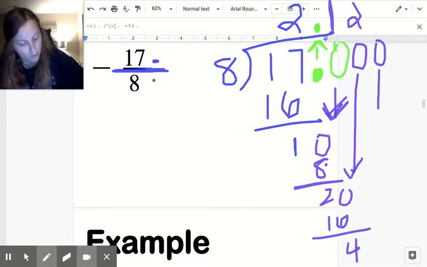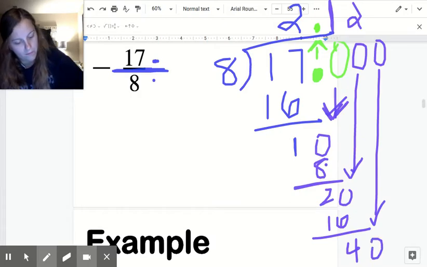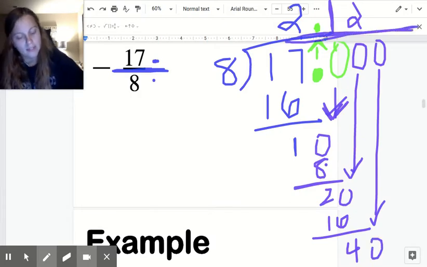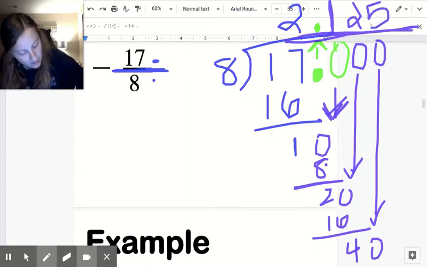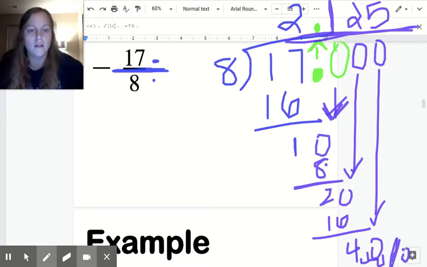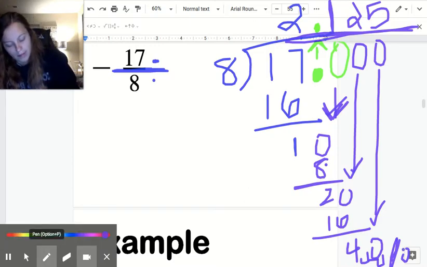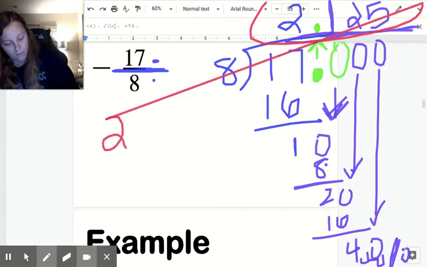Add a 0, bring it down. Ooh, it looks like we're getting to an end. 8 fits into 40 5 times, which is 40. And I have 0 left over. I ran out of room, but we got 0 as a remainder. So my answer then is 2.125.